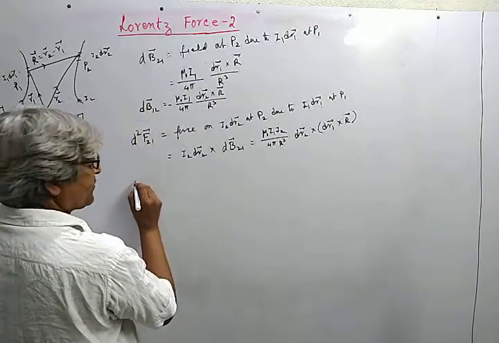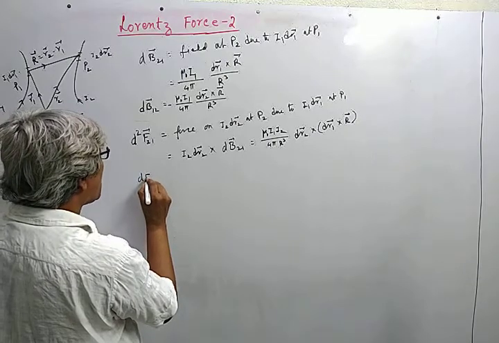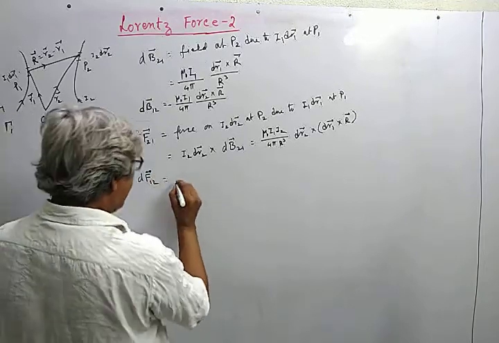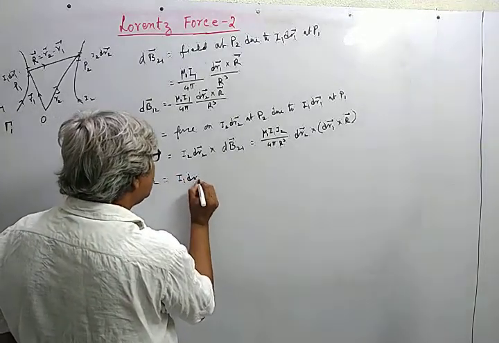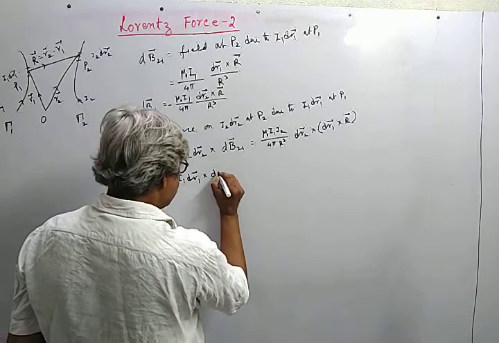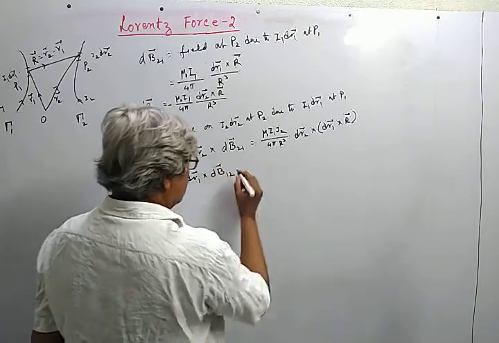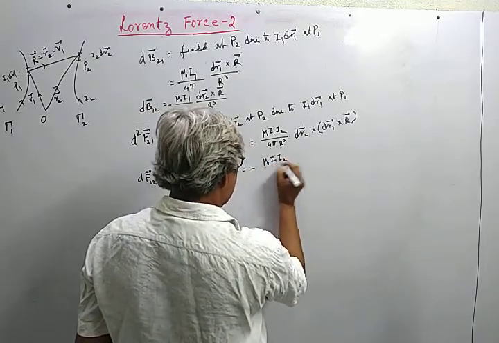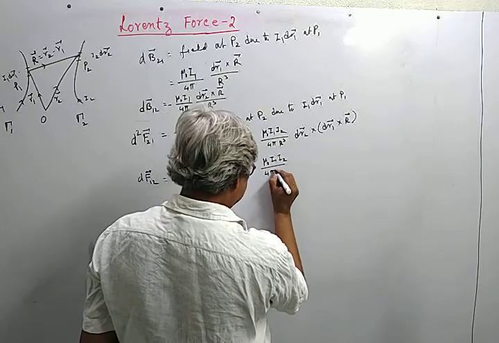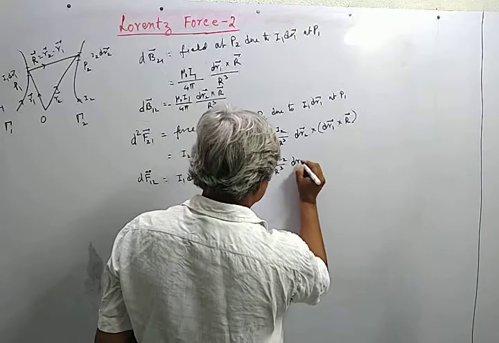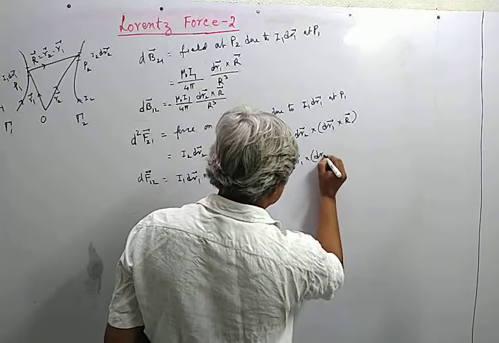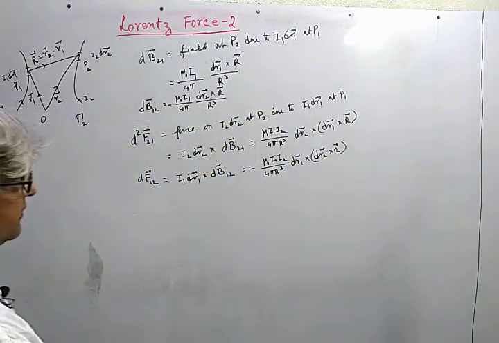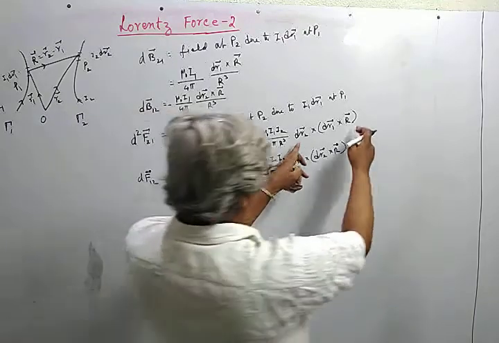Similarly, if we want to find out the force on 1 due to 2, this will be I1 dR1 cross the field. We can break it up into two components.